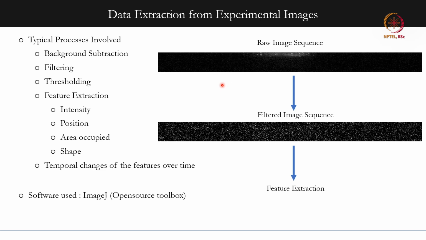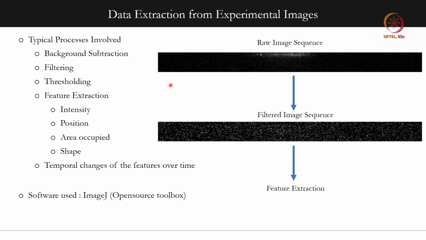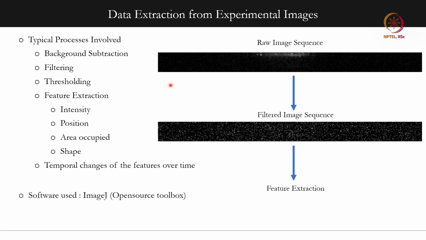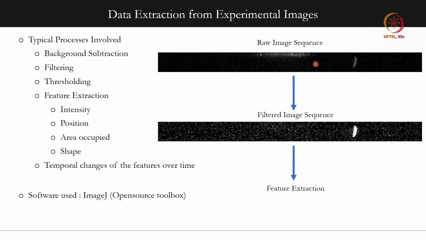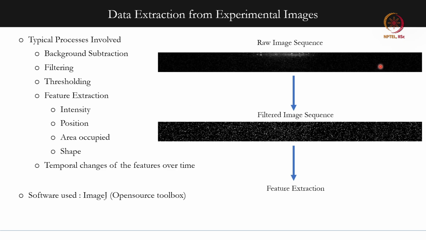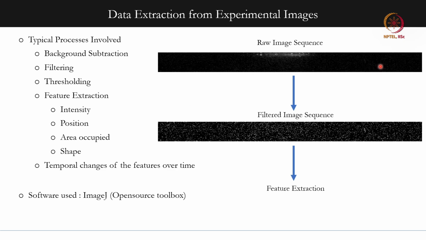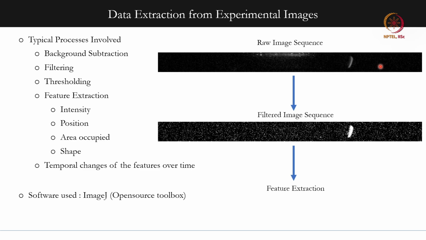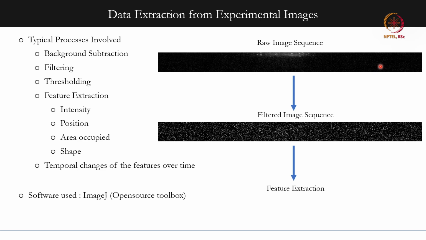The curved object that you find moving inside this rectangular box is essentially a flame propagating inside a channel. It ignites at a specific location, and then it propagated upstream, and after that it extinguished. So here I'll demonstrate our image cleaning and processing techniques using this raw image sequence.